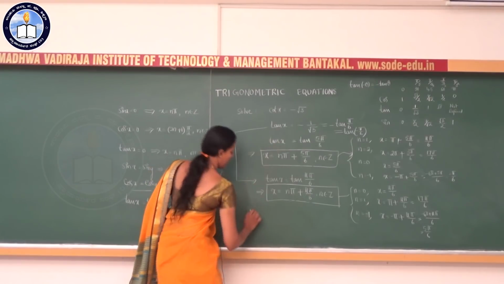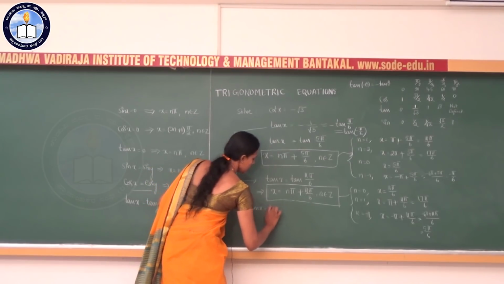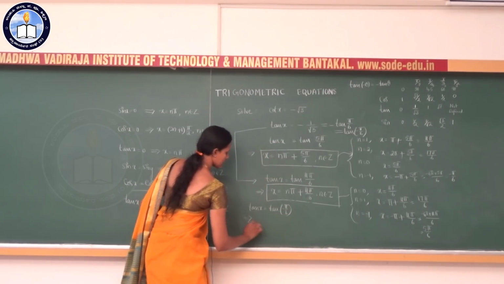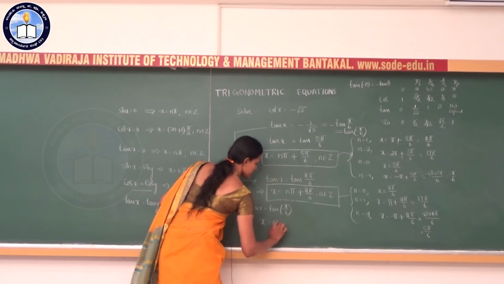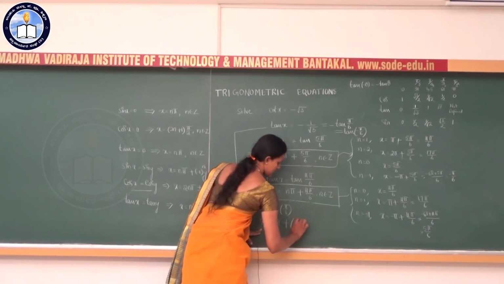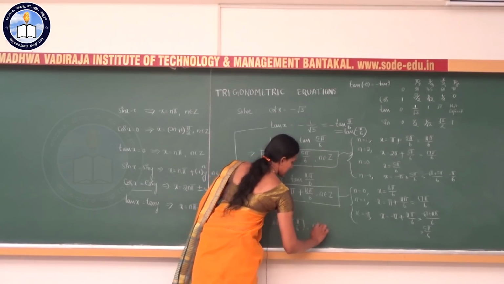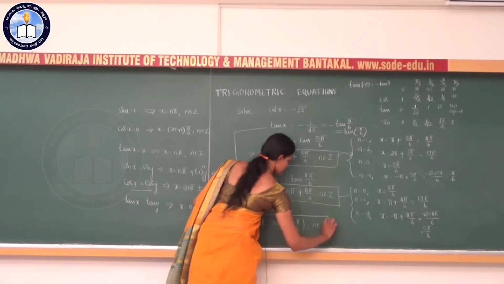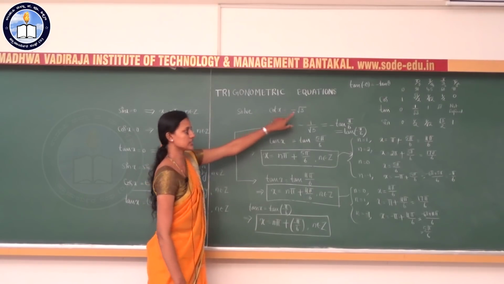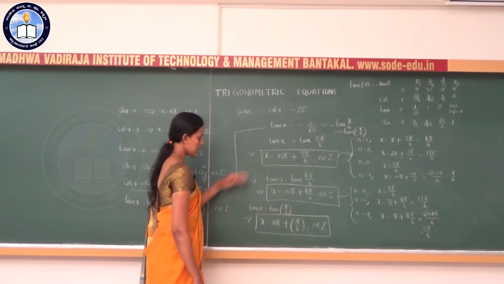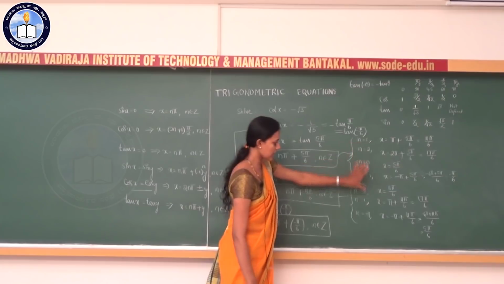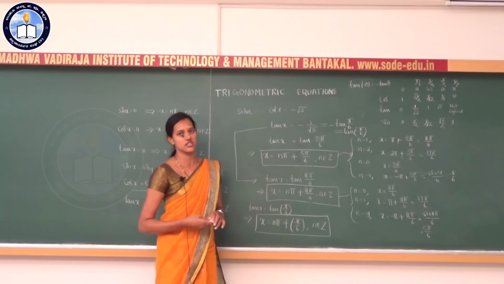So here we have tan x is equal to tan of minus pi by 6. In that case, we can write the general solution as x is equal to n pi plus minus pi by 6. This is also the general solution of the same trigonometric equation, cot x is equal to minus root 3. These three may look different, but they represent the same set of solutions.